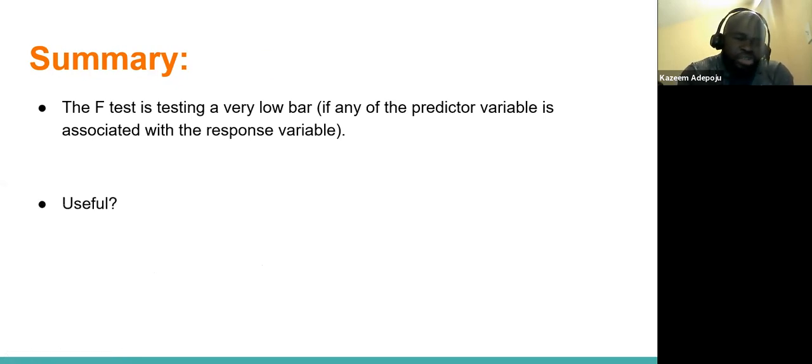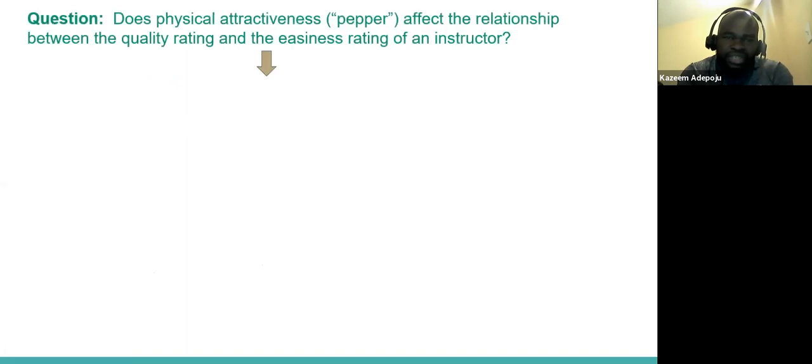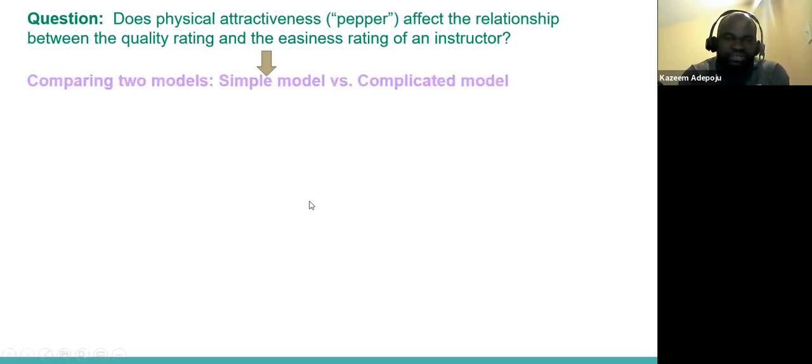Now, the usefulness is this. Let's ask a question: does physical attractiveness, pepper, affect the relationship with the quality rating of a professor? We want to see that right now.